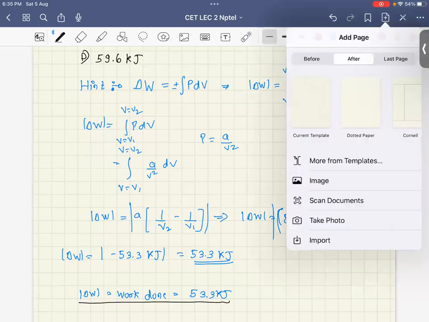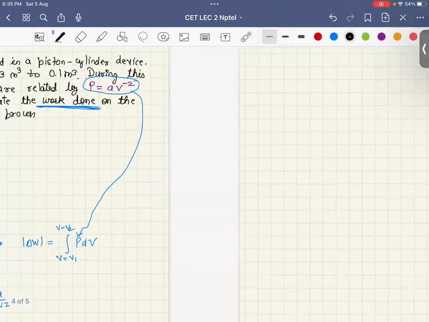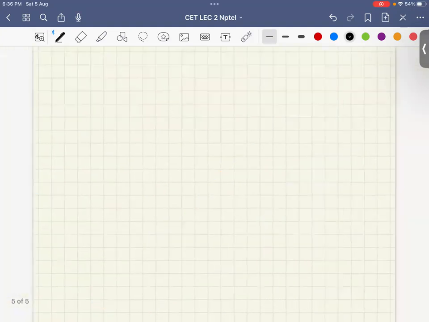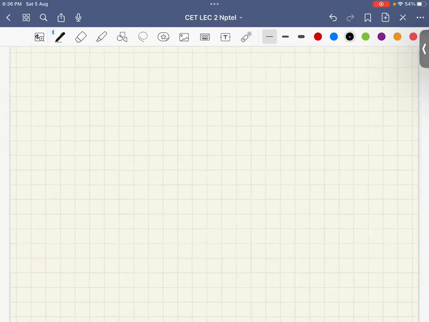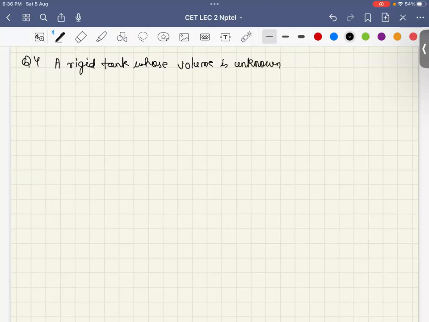So the next question, and nobody has any doubt, right? If anybody has any doubt, they can ask. Otherwise, we'll move on to the next question. And the next question is question number 4. Read it. A tank of given volume is divided into 2 parts by a partition.